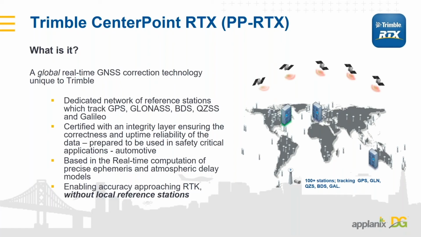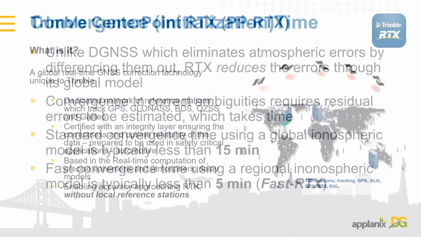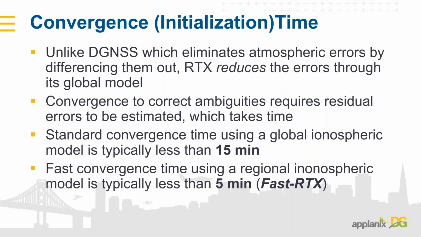The great part of it is there's no need for setting up your own dedicated base stations, and the accuracy is approaching what you can obtain from an RTK solution. Now, since this isn't utilizing directly differential GNSS, we don't immediately eliminate the errors, we have to model these errors.